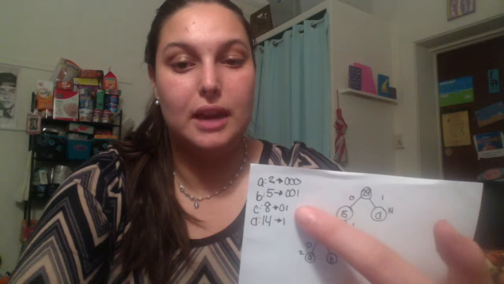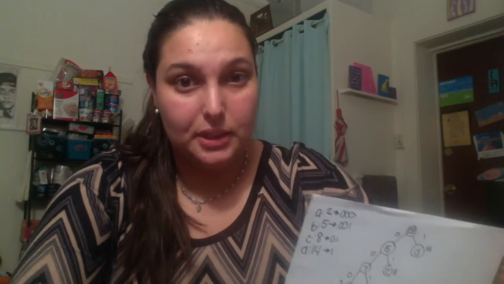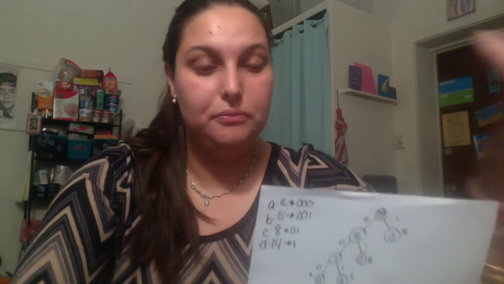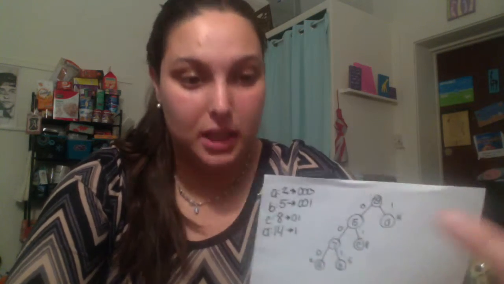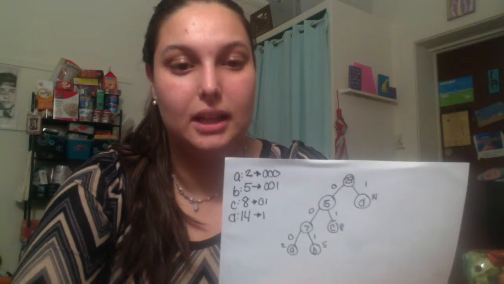So those are now the codes for each letter. Instead of 8 characters every time we want to type one of these letters, it's 1, 2, or 3 characters. So that's super efficient for these letters up here. As you can imagine, the tree would keep splitting and splitting and splitting, and eventually you'd get to a letter that was probably about 26 or 30, depending on whether you used exclamation points and periods and stuff like that.